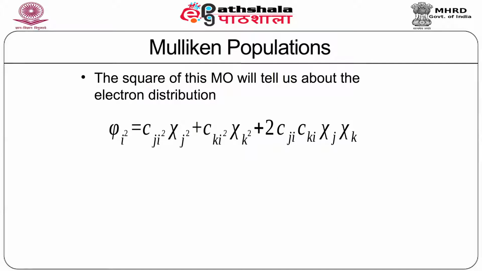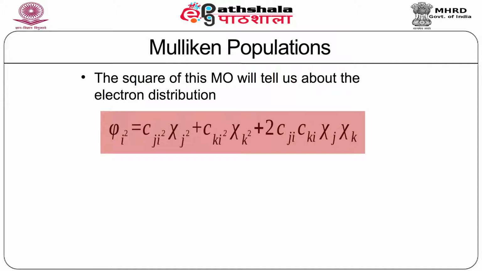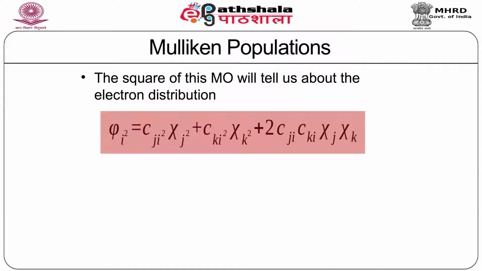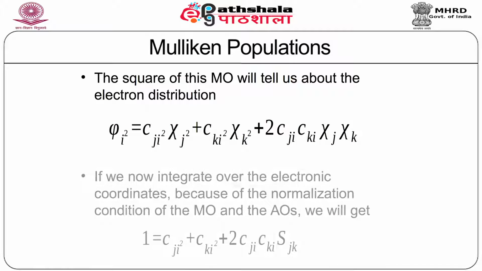The square of this molecular orbital will tell us about the electron distribution. So phi i squared equals Cji squared chi j squared plus Cki squared chi k squared plus 2 Cji Cki chi j chi k.